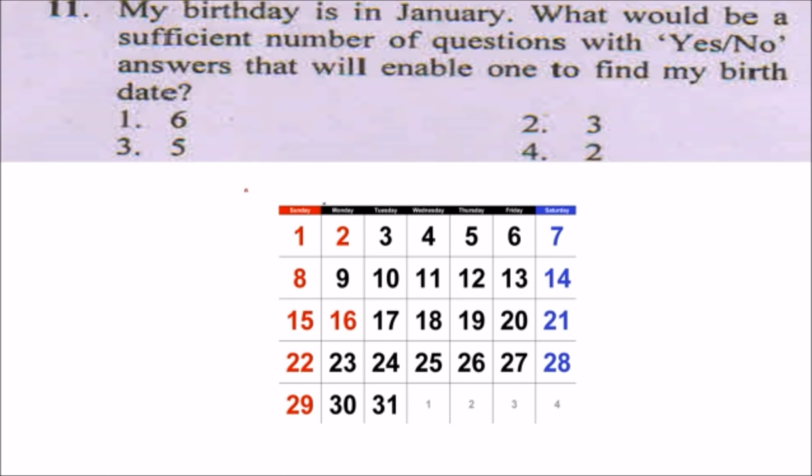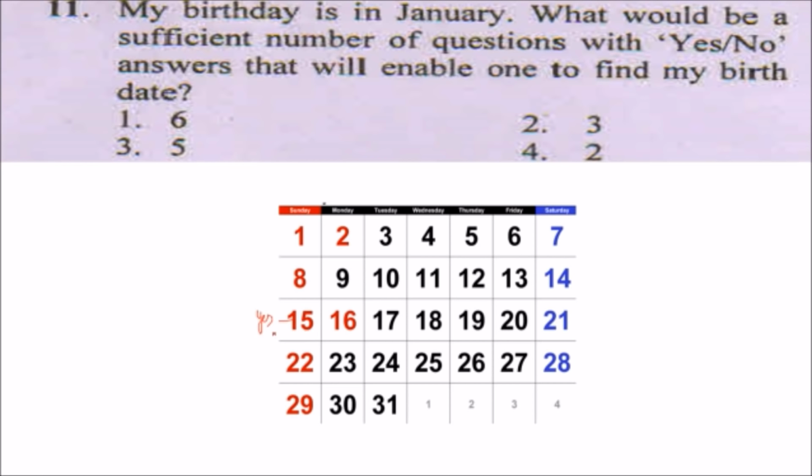The first question I will ask is, is your birthday less than 15? If they say yes, then it is from 14 down to 1. If you say no, then we will also include 15, because your birthday can also be equal to 15.